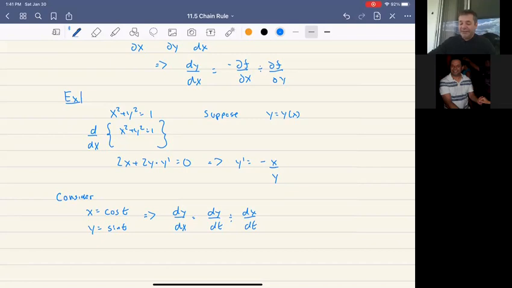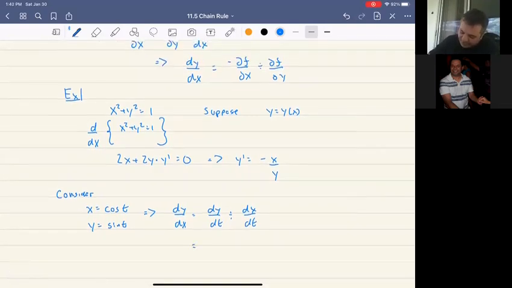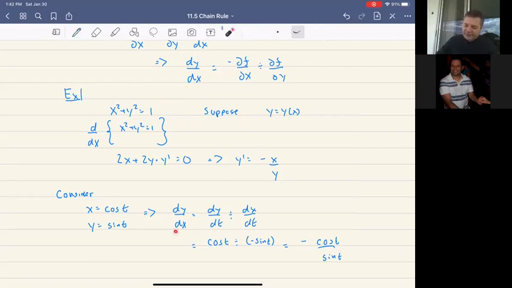Let's take dy dt. dy dt is the derivative of sine of t, which is cosine of t, divided by the derivative of cosine of t, which is negative sine of t. So that's negative cosine t over sine of t. Notice, I want you to see this: dy dx is the negative of x divided by y. Interesting, huh?